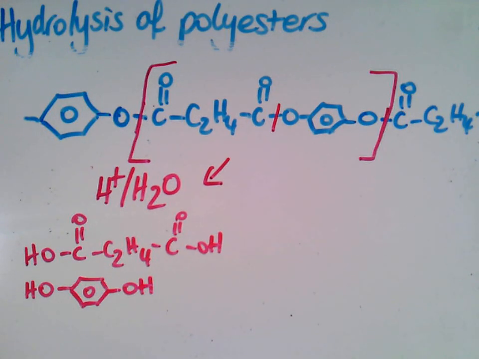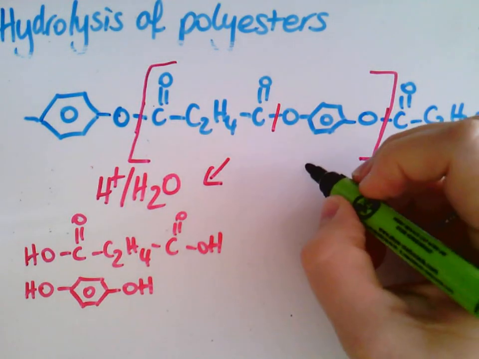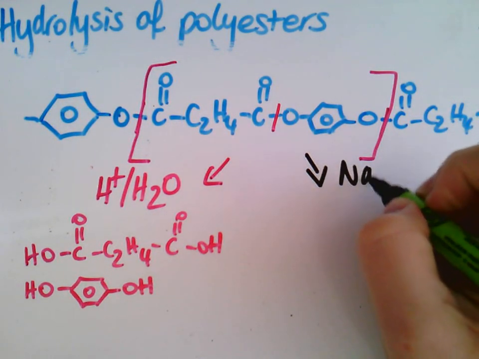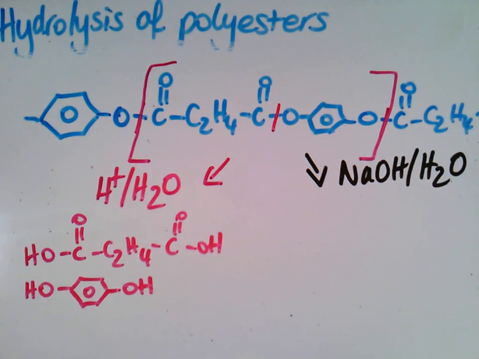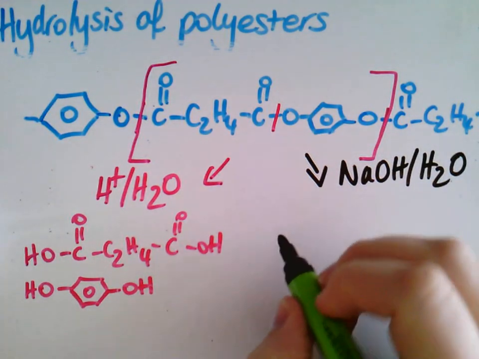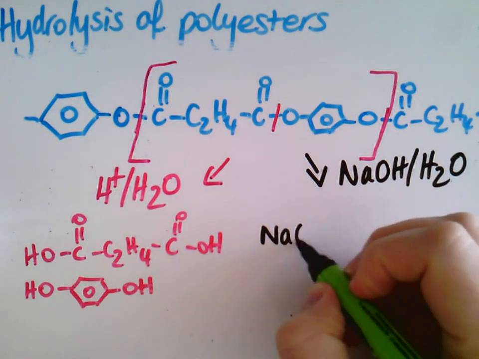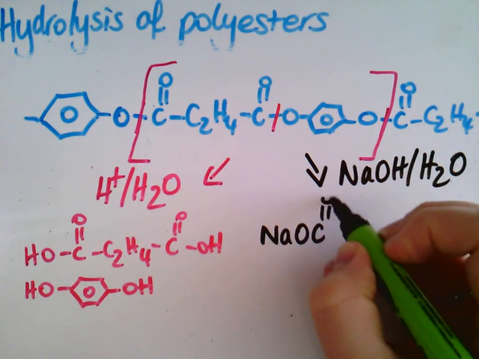Off to the right then, let's look at what's made when I use my hot aqueous alkali. So we have sodium hydroxide, again in the presence of water, and just as before we're going to form a sodium salt of that carboxylate.